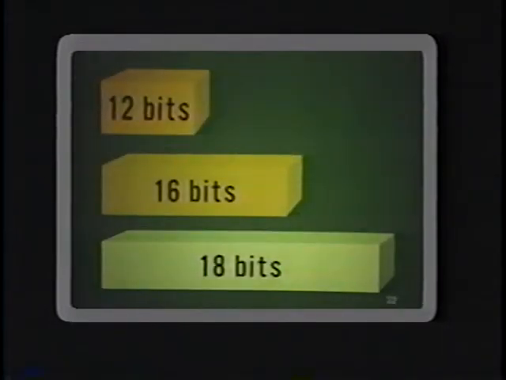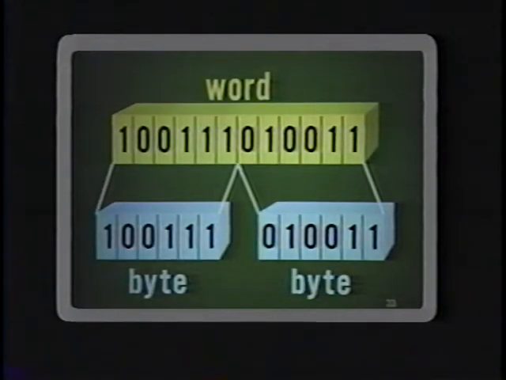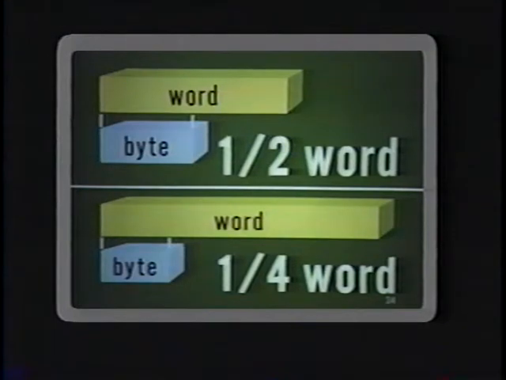In a computer, the number of bits contained in one word is fixed at the time the computer is designed. The most common word sizes for minicomputers are 12, 16, and 18 bits. Some computers are designed to handle and process a smaller unit of information called a byte. A typical byte is generally 1/2 or 1/4 the size of a computer word.